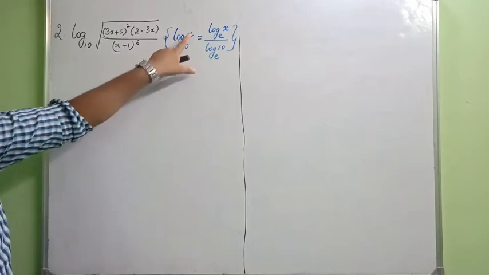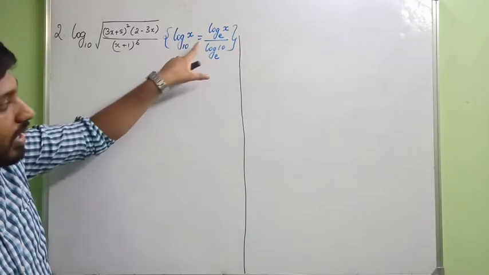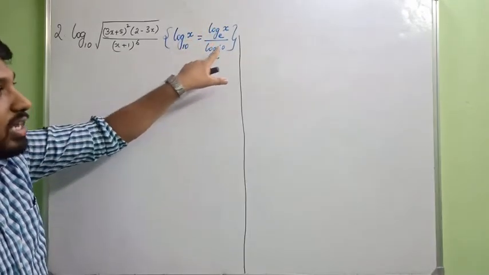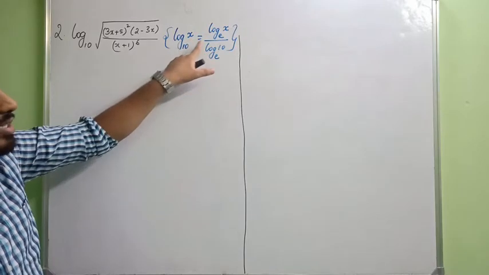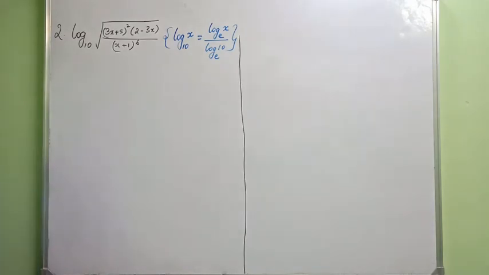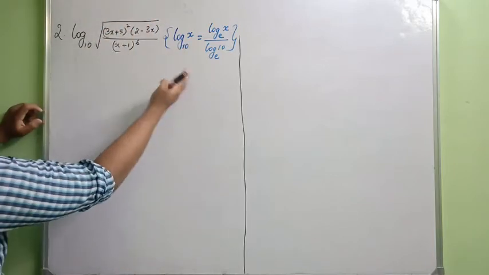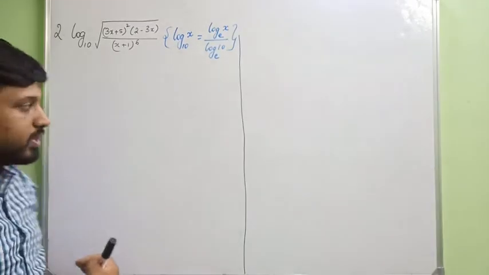Okay, so log x to the base 10 can be converted in the form of e like this. That is, log x to the base 10 is nothing but log x to the base e divided by log 10 to the base e. Just these two get divided with the base e. Hope you are understanding. Yes. Now similarly here, in the place of x, I have this complete thing within the root. I will be doing it, and I will first be converting it in the form of base e, log base e.